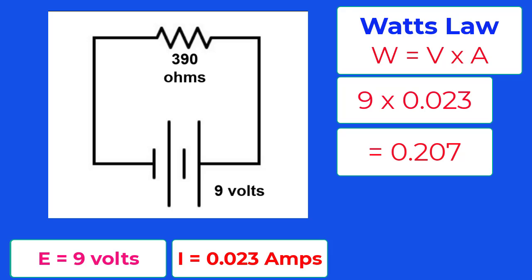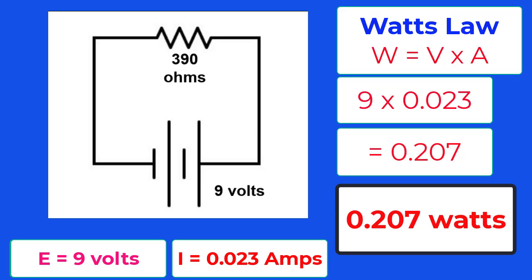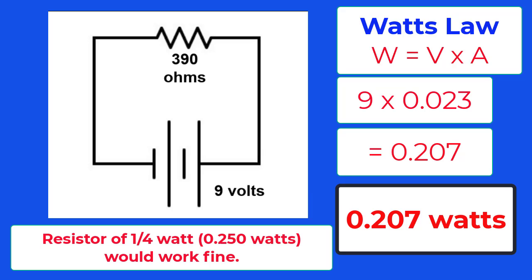It says that the resistor has to dissipate 0.207 watts. So, a resistor of a quarter watt or 0.250 watts would work just fine because it can dissipate 0.250 watts, which is more than the necessary 0.207 watts that we calculated with Watt's law.